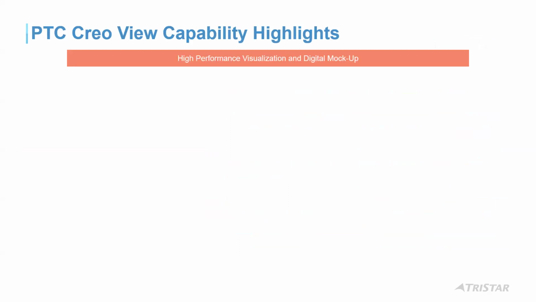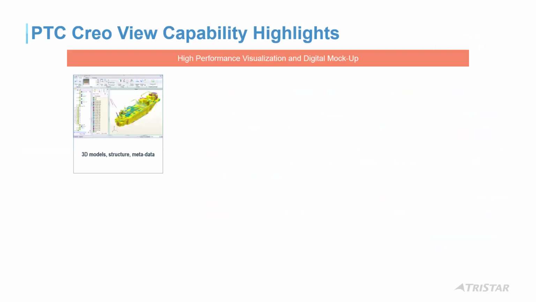So what does Creo View do? It allows you to view 3D models, product structures, any metadata that's in the 3D model. So think of parameters or attributes. Now, the important thing also becomes sometimes you may not want to send all of your information. You might want to strip out the metadata, or maybe just create a graphical view of the part or assembly, without anyone having the ability to measure or take cross sections or reverse engineer your parts.